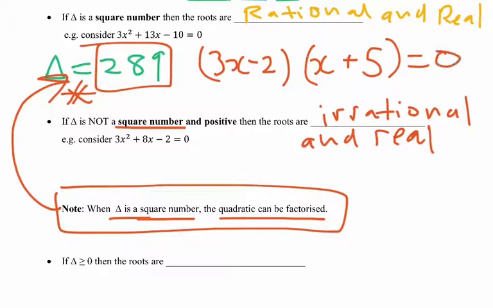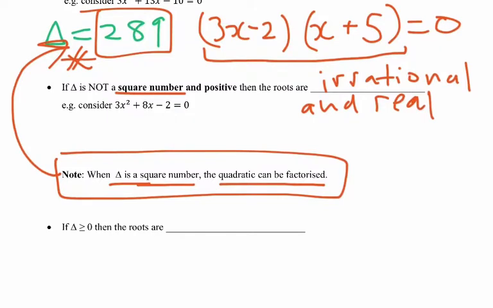There you go. So if delta is a square number, you can definitely factorise it. So that's a good tip. Now, I'm going to correct those notes, so when you see those notes on the PDF, I would have fixed it up, hopefully.